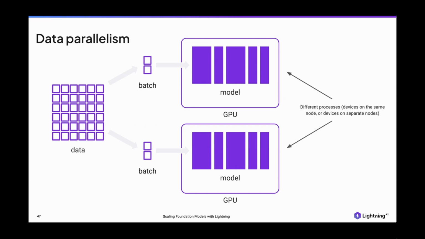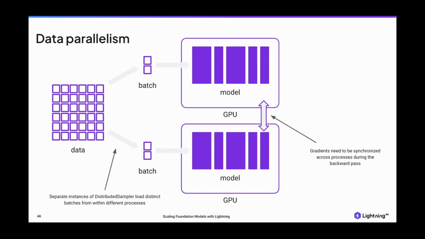And then you go on different processes, and of course, different processes have different devices, so you will have copies of the model. And in data parallelism, that we touched briefly on before, the DDP strategy will essentially have separate instances of the distributed sampler, and then gradients will be synchronized across processes during the backward pass.